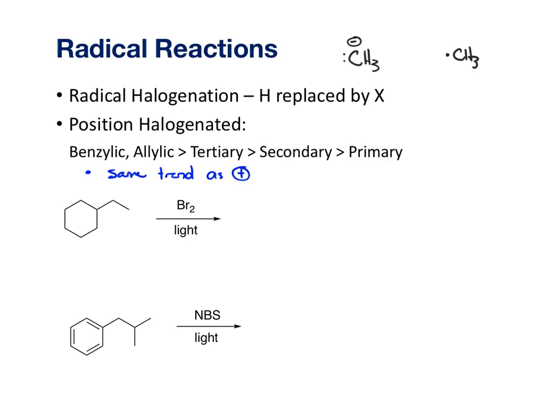So let's say we did the radical bromination of ethyl cyclohexane. What you want to do is find the most substituted carbon that has a hydrogen, because a hydrogen is abstracted in the first step. So in this case, it's this tertiary carbon. We're not going to go through the mechanism, but I will show you the intermediate.